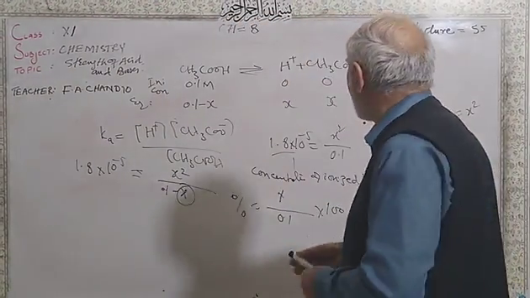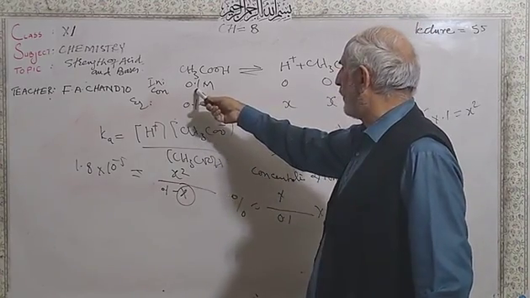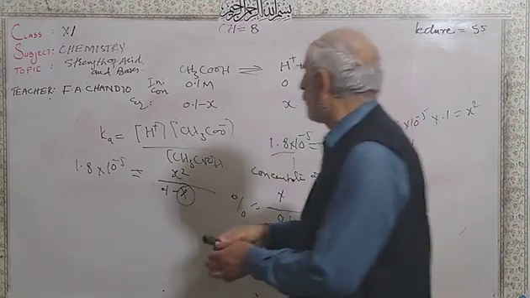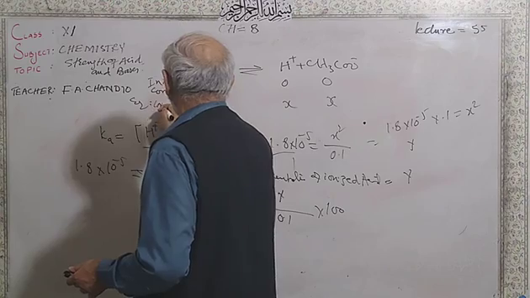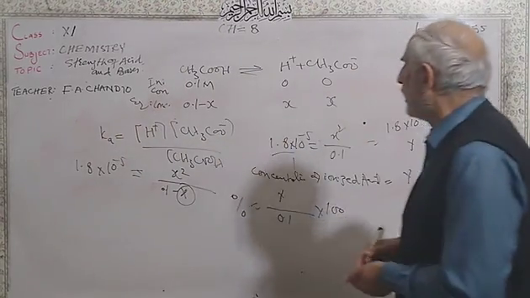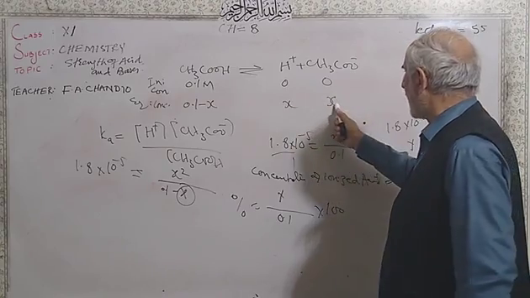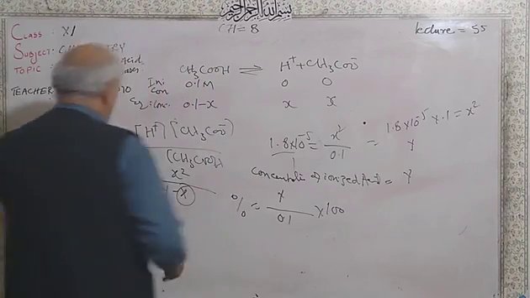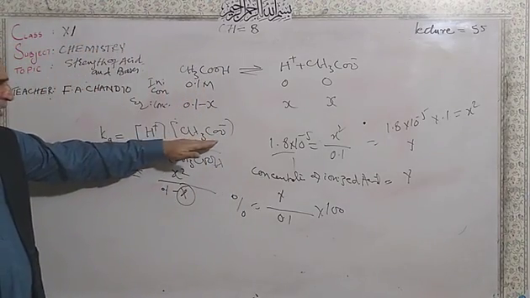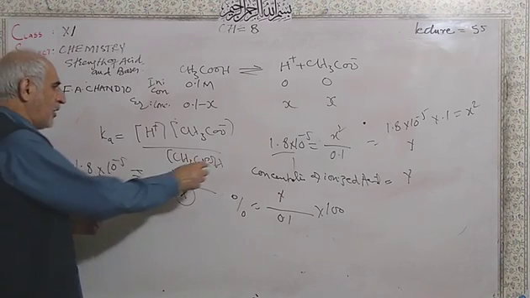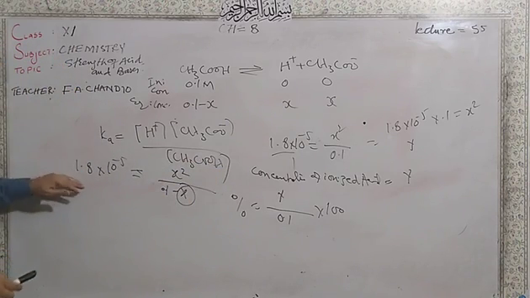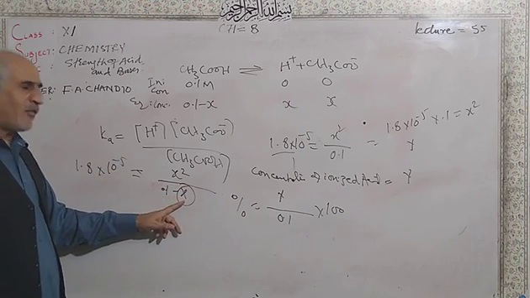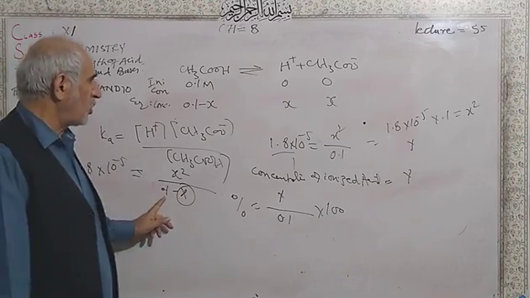In the same numerical, this is the original concentration 0.1, the initial concentration of the products is 0 and 0, and here is the equilibrium concentration: 0.1 minus x decreases, x increases. According to the law of mass action, Ka is the concentration of hydrogen ion times acetate divided by the concentration of acetic acid, 1.8 times 10 raised to power minus 5 equals x square over 0.1 minus x. x will be very small compared to 0.1, so leave it.